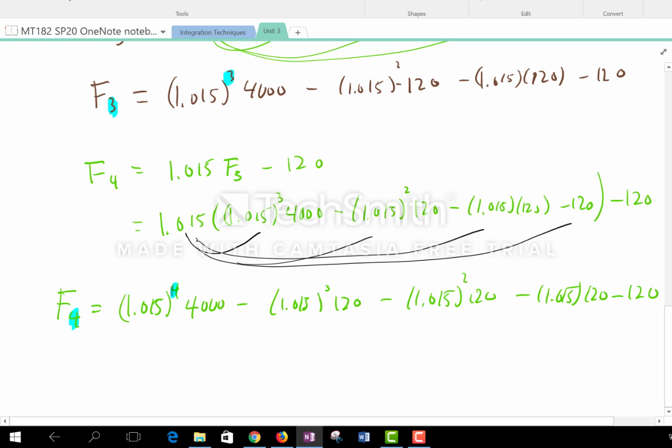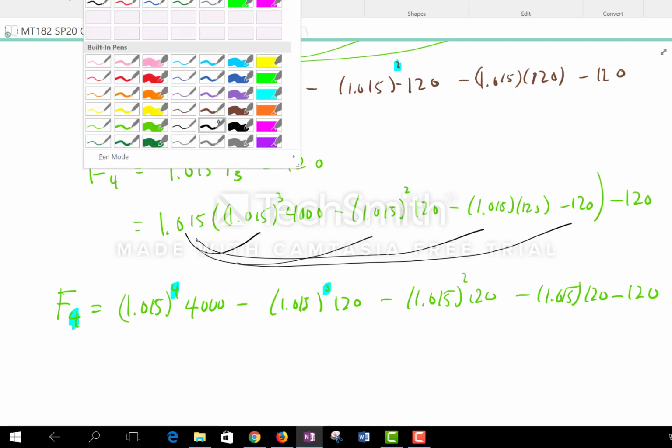The 4 subscript, again, is the exponent there. And then what happens, we have decreasing powers on the 1.015 times 120 until we get down to 120. In the previous example, it was 2, 1 less than 3. In this step, it was 3, 1 less than 4. Hopefully that's enough to help us determine what the pattern is.